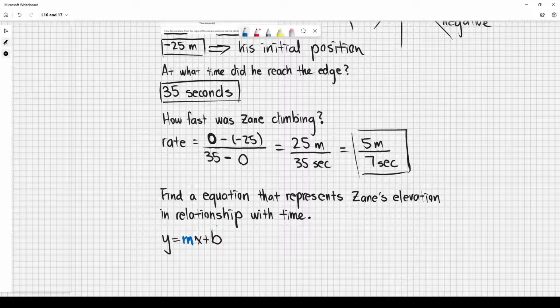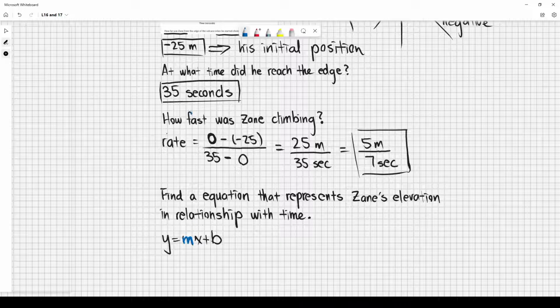Just 5 meters? 5 meters is a distance, but we want a speed. Speed is distance over time. m is the slope.